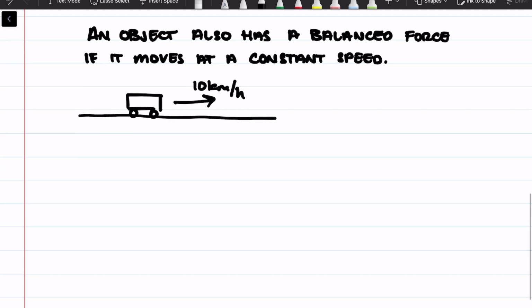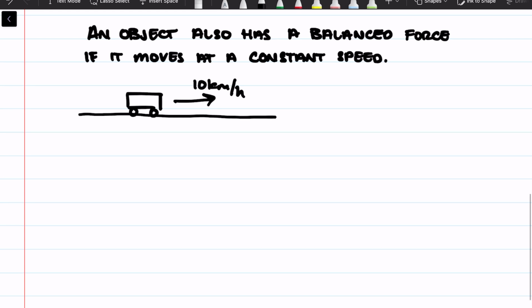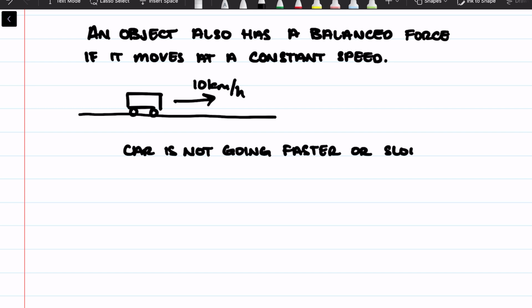So that's also an example of a balanced force right there. Okay, so there are two examples now of when an object is called balanced. So if it is moving at a constant speed, right, let's point out that the car is not going faster or slower. That is also a balanced force.